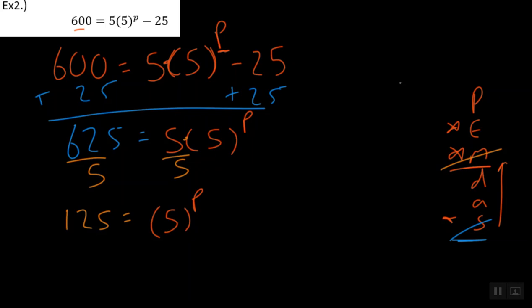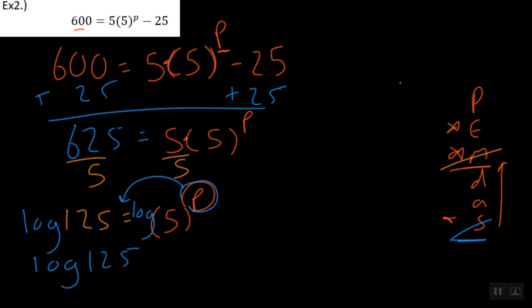How do I get the variable out of the exponent? The opposite operation of an exponent is a logarithm, so we take the logarithm of both sides, and this p gets to come down in front. We'd write our next line like this: the log of 125 is equal to p log of 5.